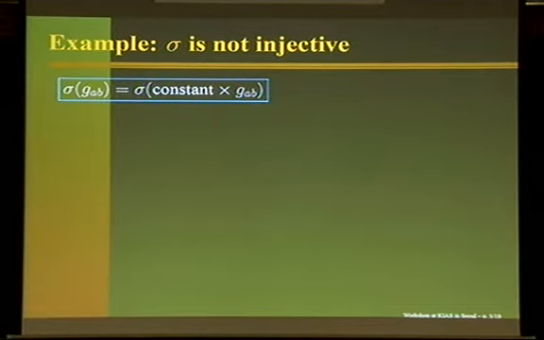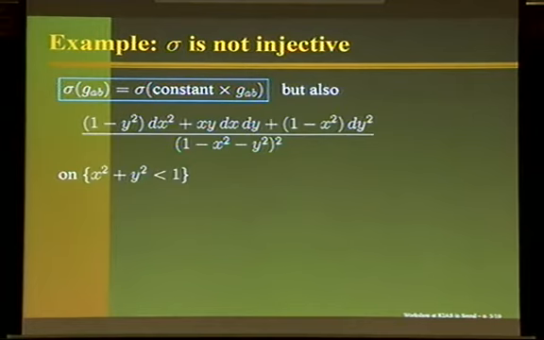You can have two metrics which have the same collection of geodesics. The first rather trivial thing you might do is multiply the metric by a constant. All that happens there is that the natural parameterization of your geodesics changes, but the geodesics themselves, of course, remain just as they were before. That's an overall choice of scale.